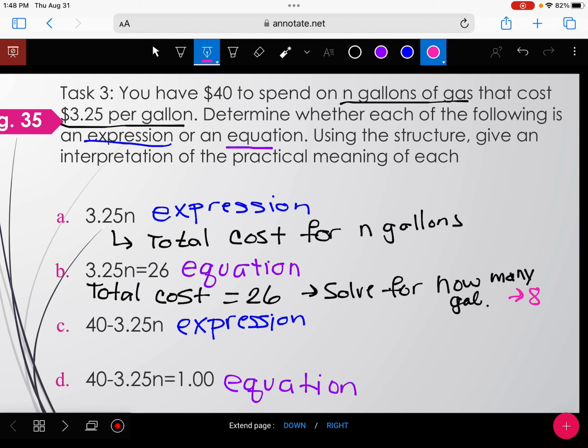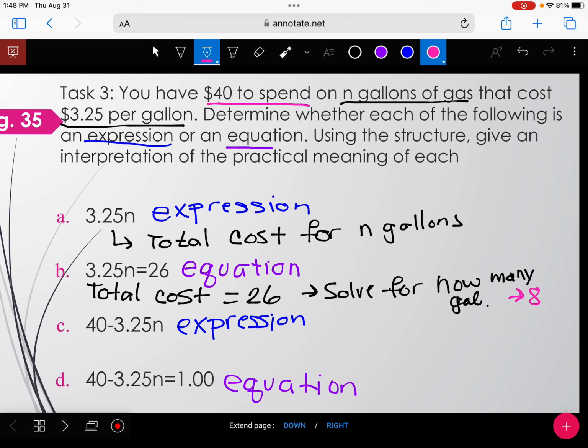Okay, we're going to do the same kind of thing with these bottom two. Here we have 40 minus 3.25n. What are those pieces? Yeah, it's my money to spend and the total I'm going to spend.